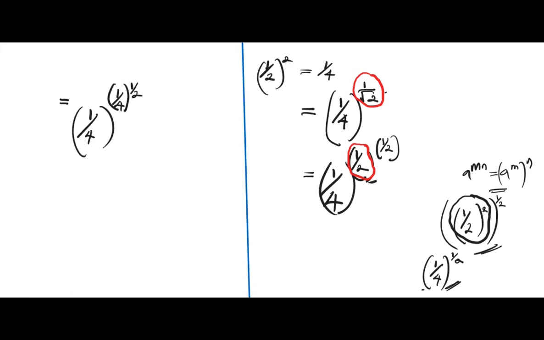Then we have successfully replaced this 1 over 2 with this. Okay, then remember there is still 1 over 2 here, so we're gonna have raised to the power of 1 over 2.